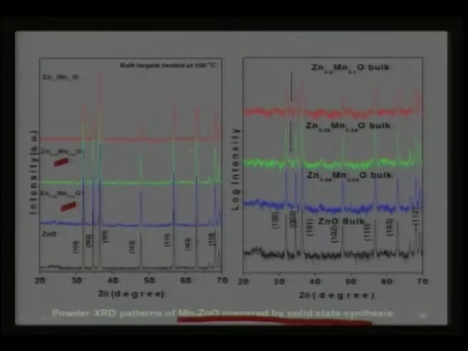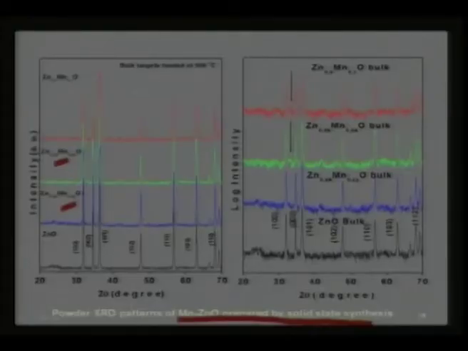Now as we already saw, log intensity plots are more important than seeing the linear intensity plot. As you see, this is a linear intensity plot and this is a log intensity plot of the same pattern. Although this looks noisy, it will give you clear evidence whether any impurities are hiding here.